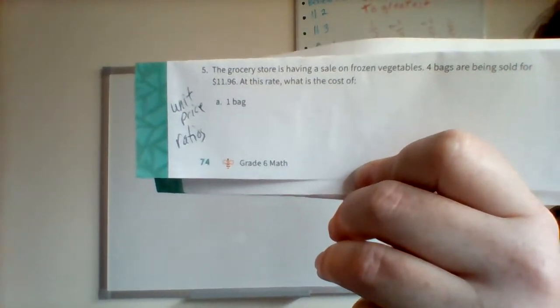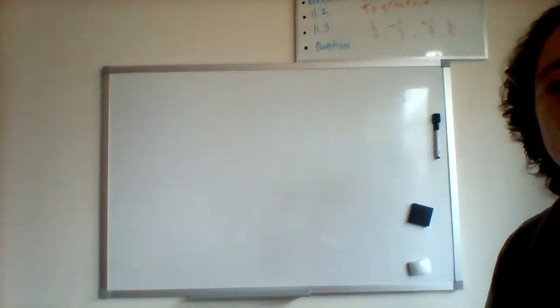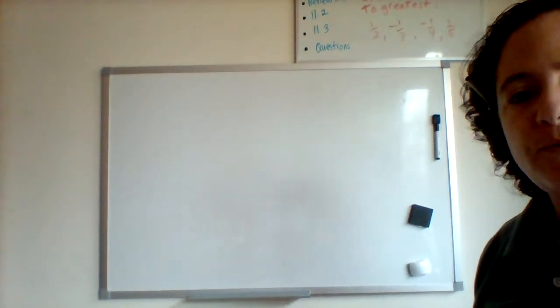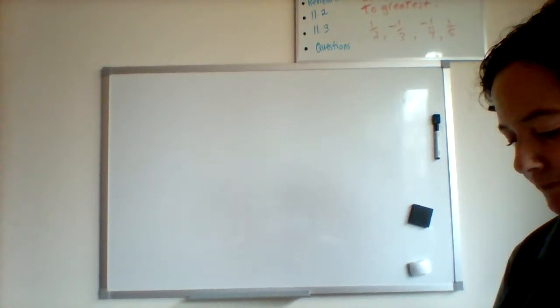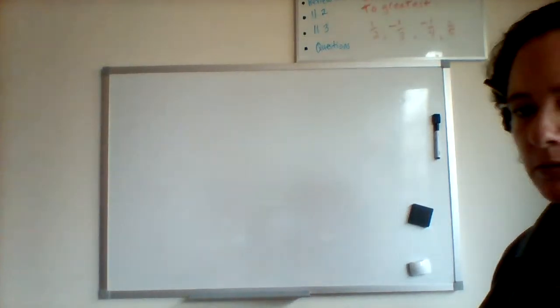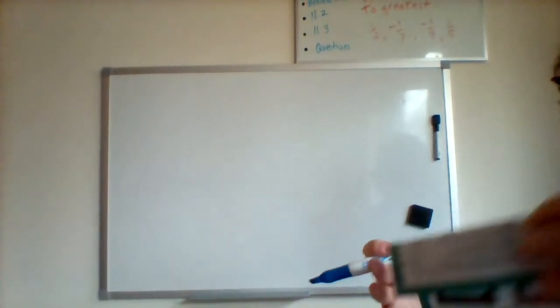All right, I say price because we're talking about money. I'm on number 5, dear, number 5. Lesson 9 practice problem, number 5. Okay, let's do a double number line again.